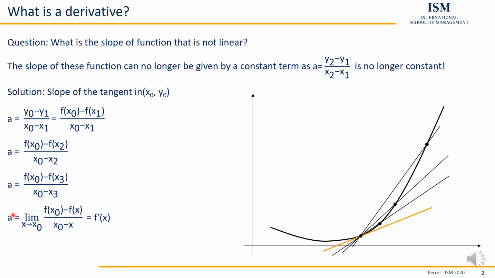This expression, which is also called the differential quotient, that's what we call the first derivative. And we mark this with this small mark here, or as we see later, there are also different alternatives on how to actually write down the first derivative.